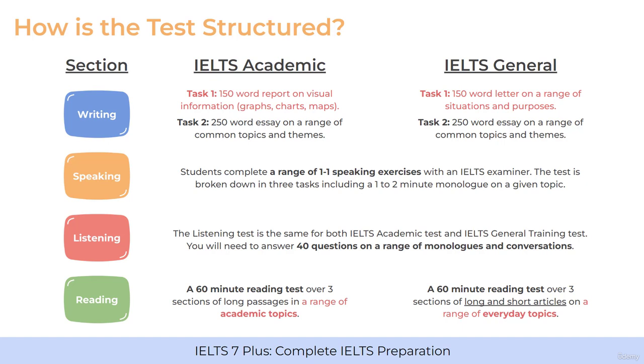Whereas in IELTS general reading, you still have 60 minutes and there are 3 sections, but there's a mix of long and short articles and more informal reading materials. It's more about everyday reading topics, so a slight difference there.